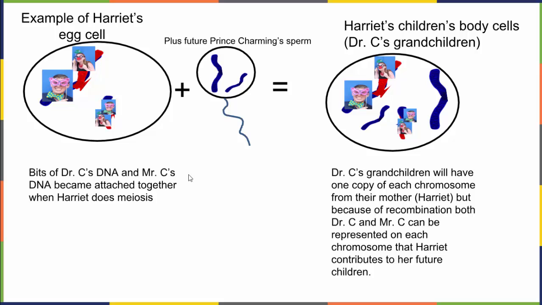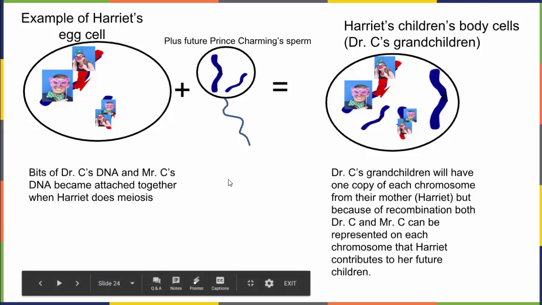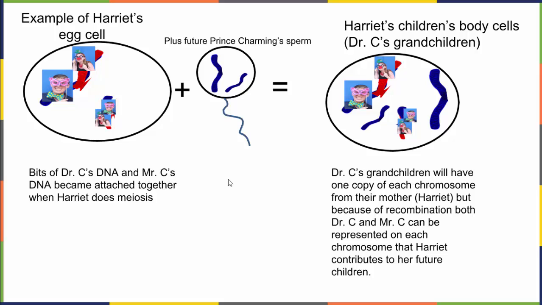So right now in Harriet's cells, all of my DNA is separate from all of my husband's DNA. But when Harriet's egg cells are made, that means that some of his DNA and some of my DNA are going to become attached together. And there are now going to be chromosomes produced where the two of us are permanently attached together. So, kind of interesting to think about.